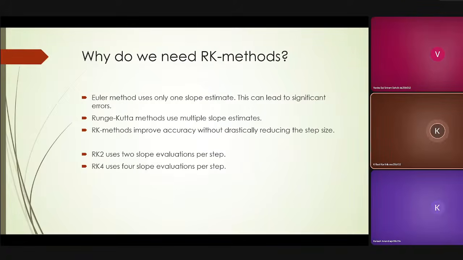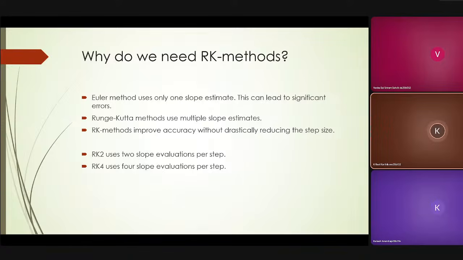Now, why do we need these RK methods in the first place? As we have observed in the example, the Euler method leads to significant errors as it uses only one slope estimate for each step. It does not account for the change of slope of the function along the step size. But these RK methods take multiple slope estimates into consideration, which account for the change of slope along the step size.